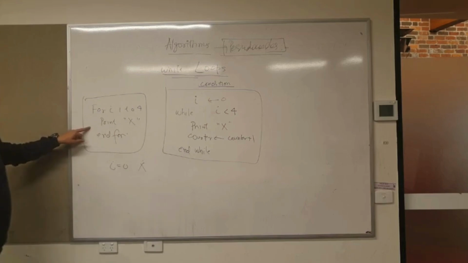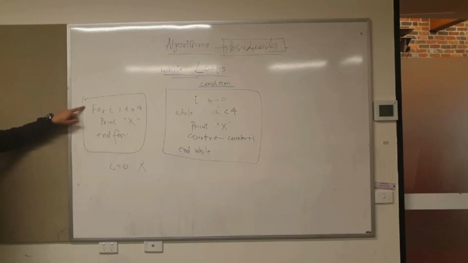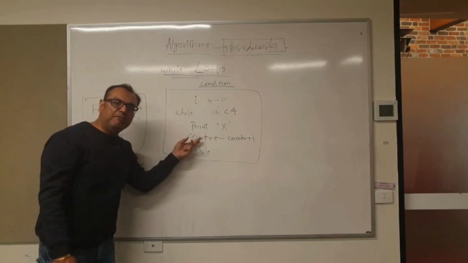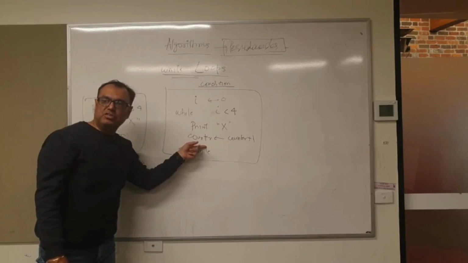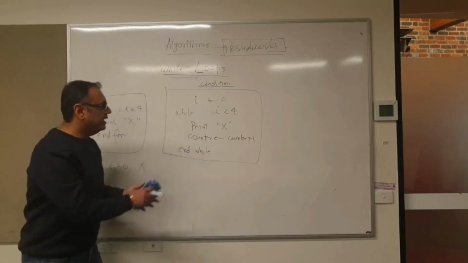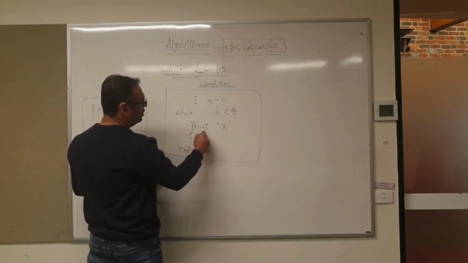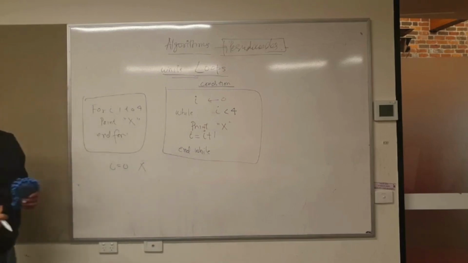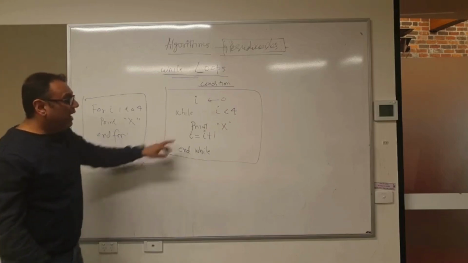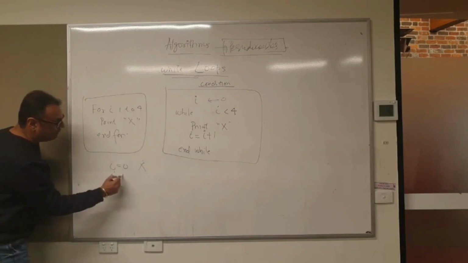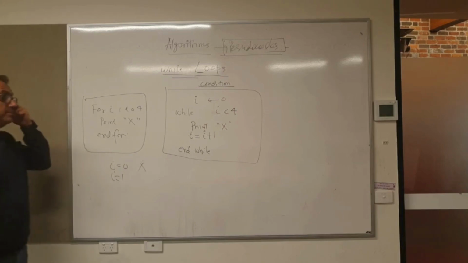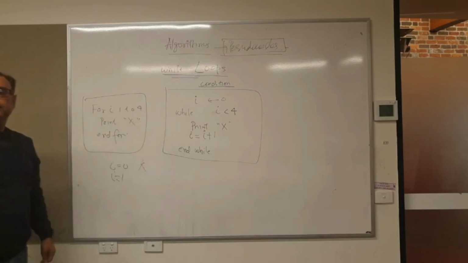Now, with the for loop, it was auto incrementing the value of I and going up. Here in while it is a bit of a manual one. You need to increment it yourself. And I would say this is not the counter, this is I equals I plus 1. Right? So now I is 1. And you go up.